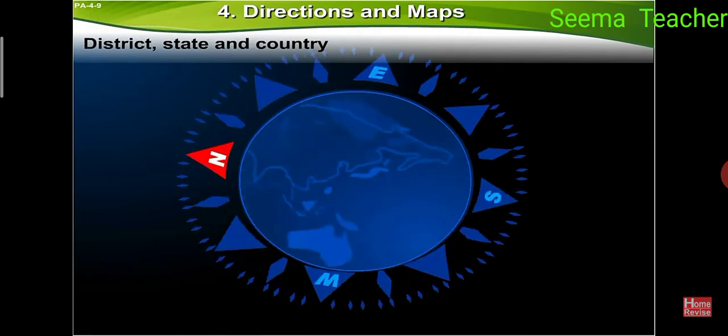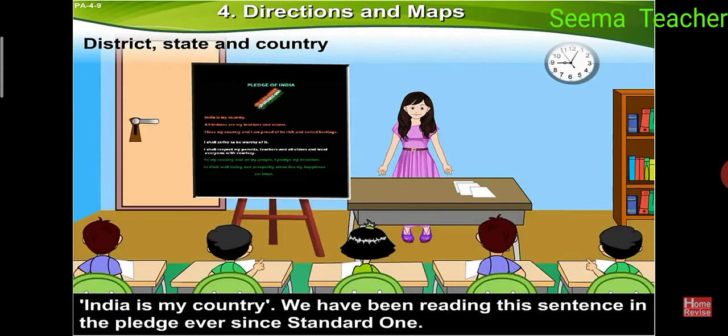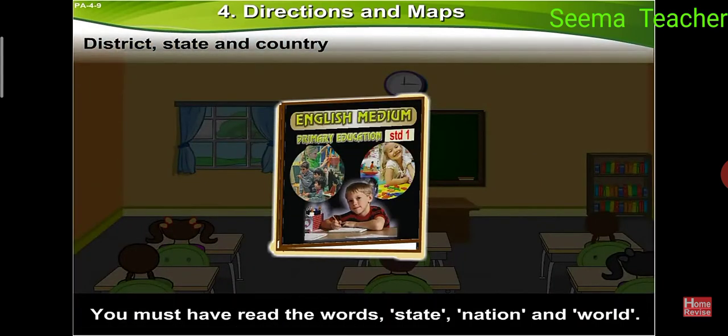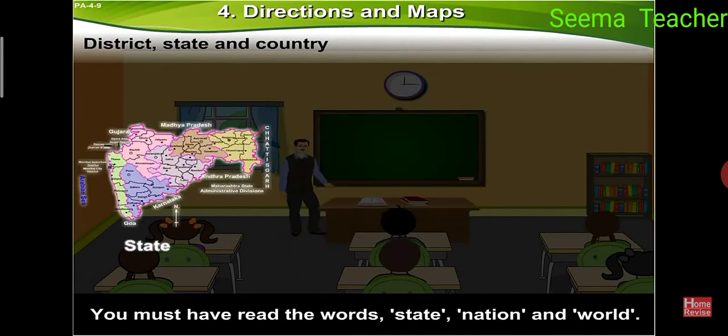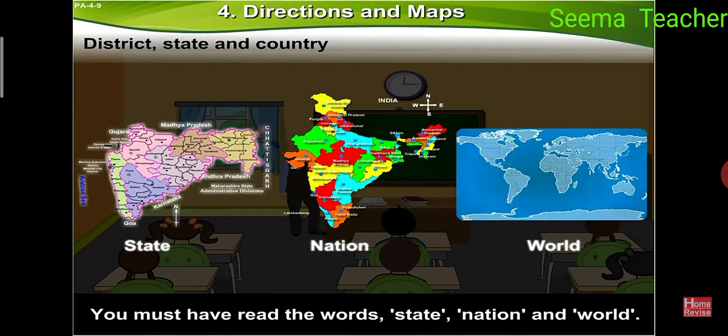District, state and country. India is my country. We have been reading this sentence in the pledge ever since Standard 1. You must have read the words state, nation, and world.